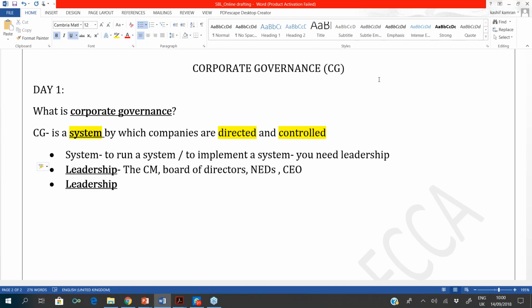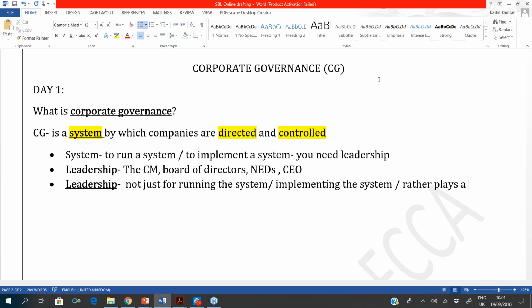Leadership is very important not just for running the system or implementing the system, but it also plays a crucial part in organizational culture.